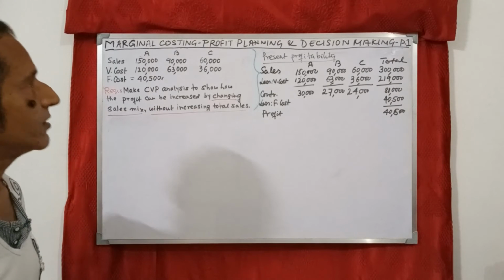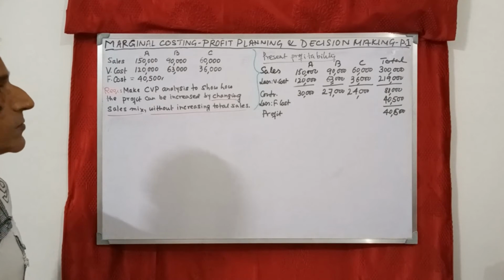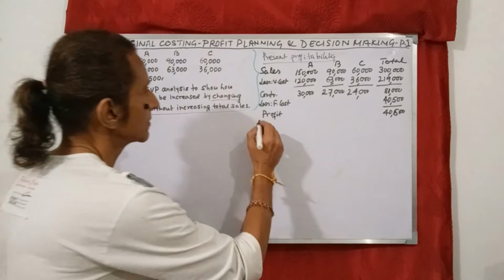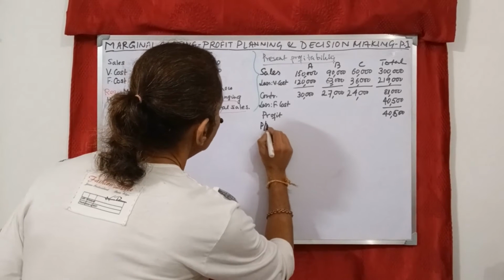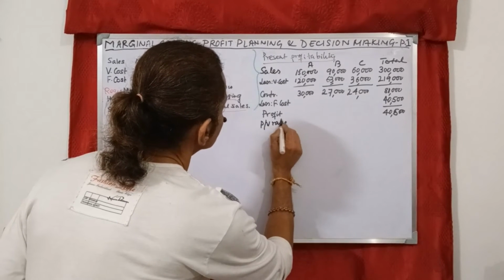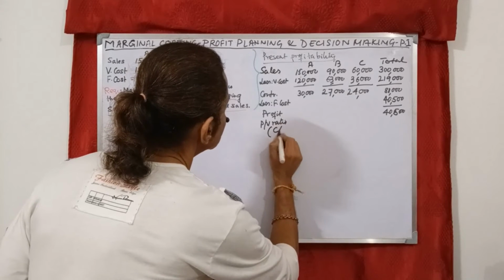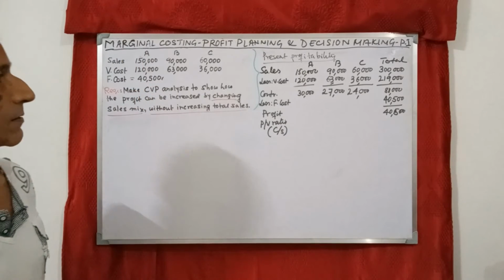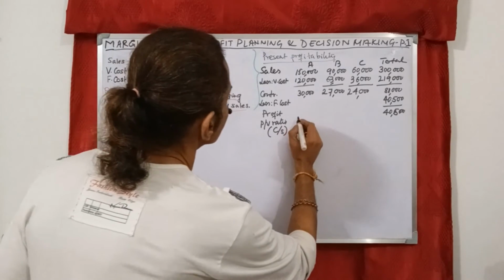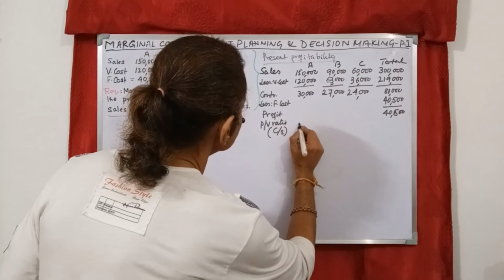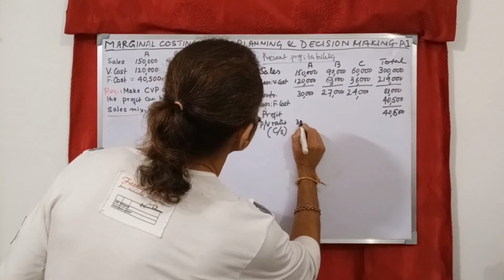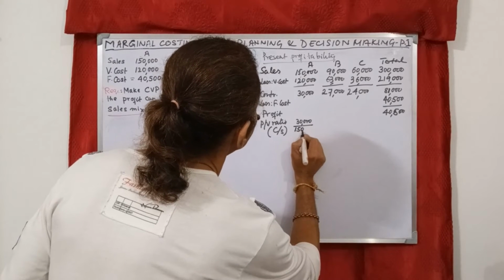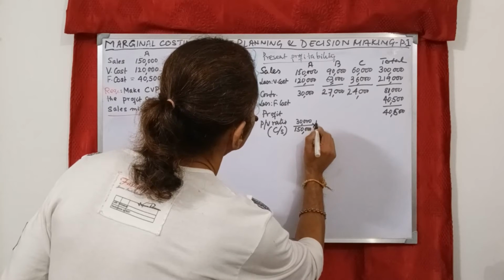Now since the firm wants to change the sales mix, we have to find out the PV ratios of individual products. PV ratio, which is contribution by sales. C is contribution and S is sales. Here it is 30,000 divided by 150,000 into 100.